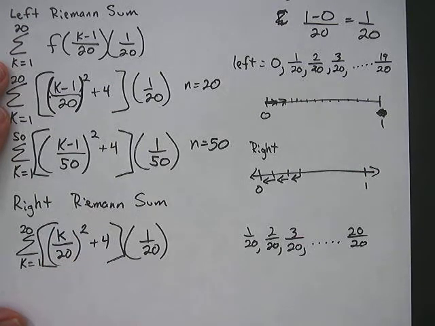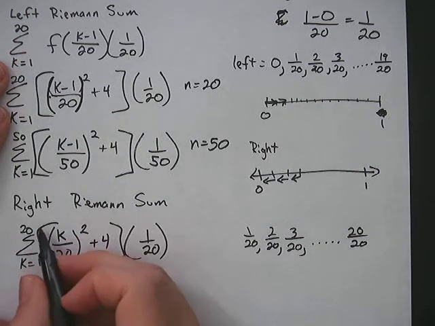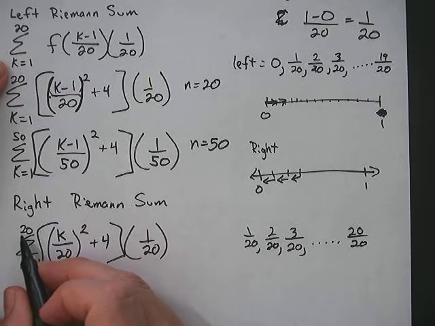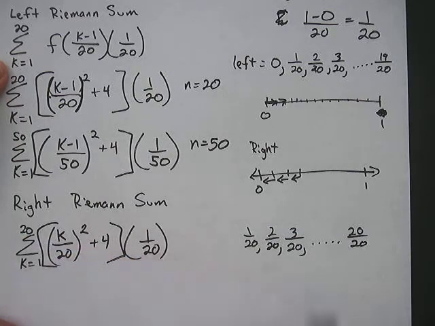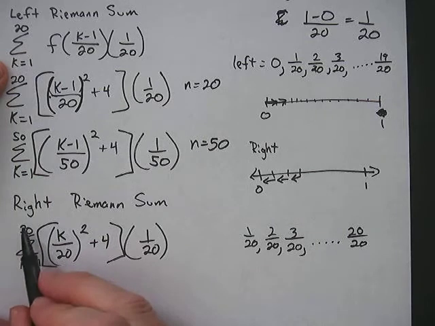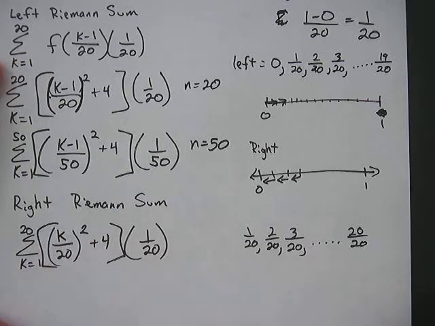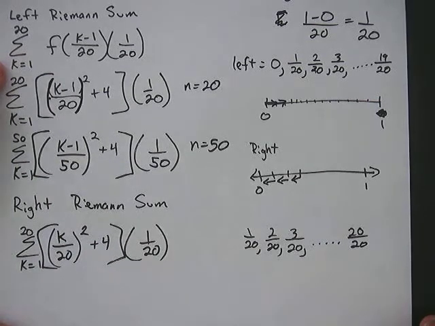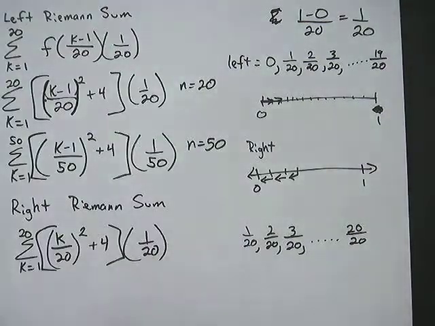Just like the left one, if we wanted to make it 50, we would plug in a 50, and for 100, plug in 100, and that would be your formula. So those are the formulas for the left and the right Riemann sums for all those subintervals.